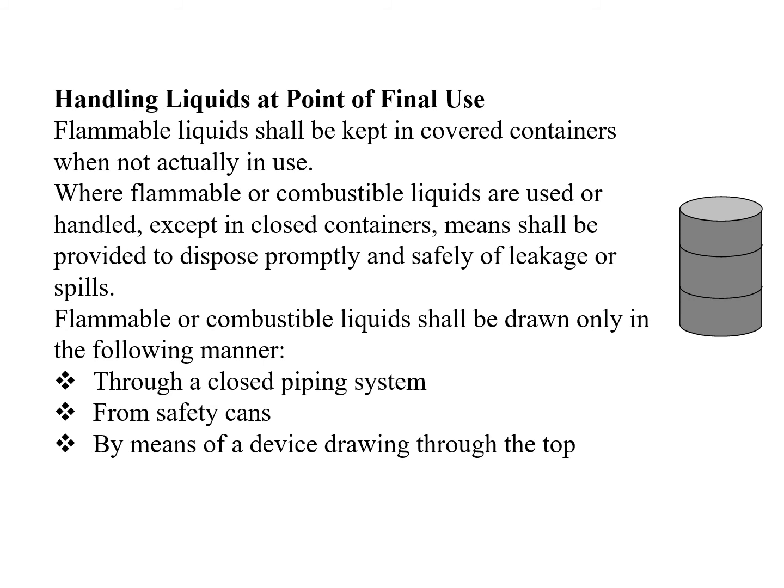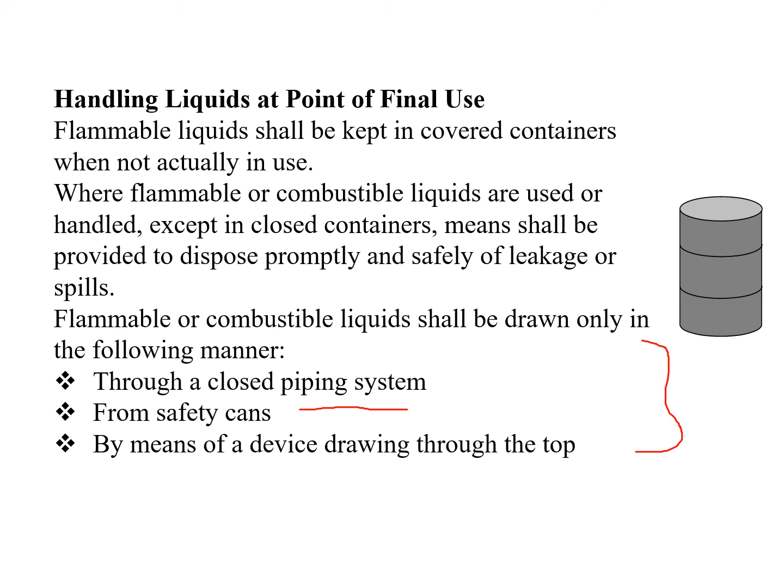In this slide, we are mentioning the handling of these flammable liquids at the final points, and here you can see we were talking about how we can draw or dispense the flammable liquids into the particular cans. We can use closed piping systems, as we use for gasoline.